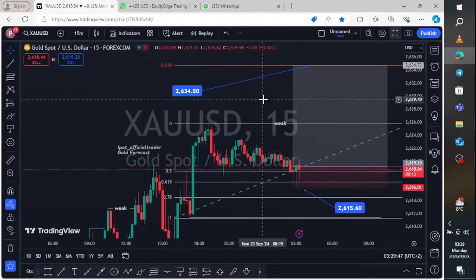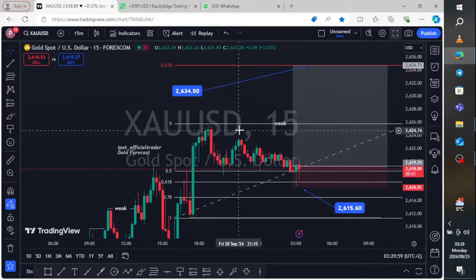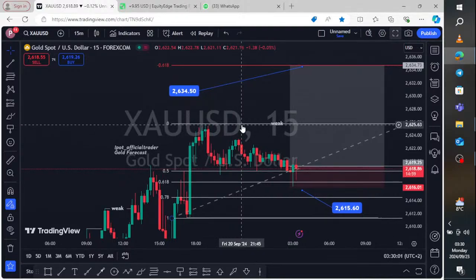Then we target $1,150 or anything less than that, then we can take our profits. So the daily bias on gold is definitely bullish. We're looking at gold bullish today, meaning that price will continuously push to the upside.